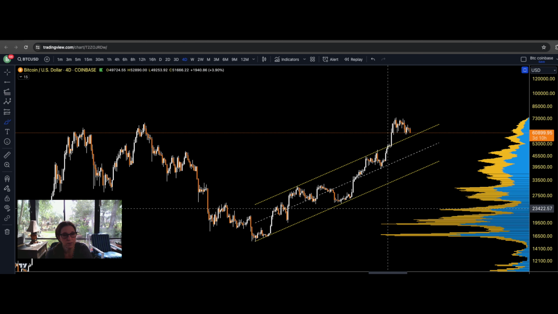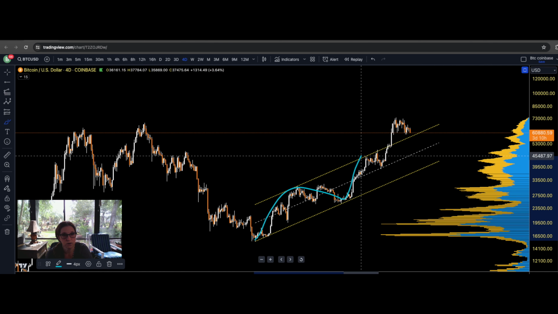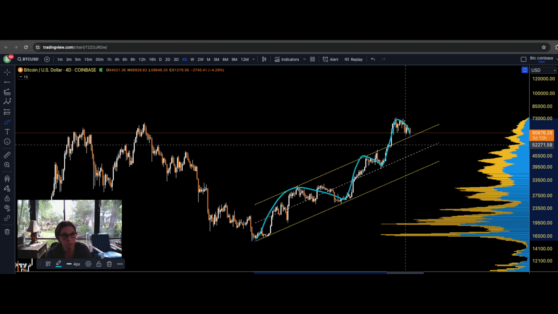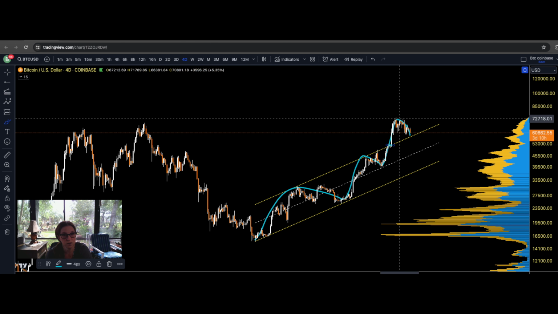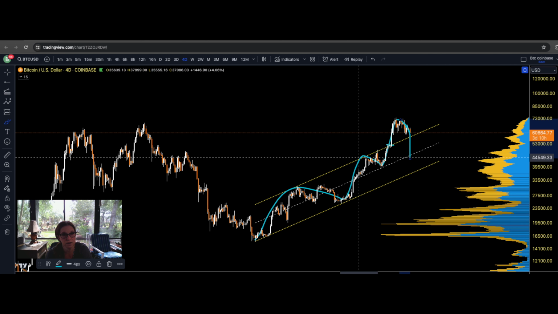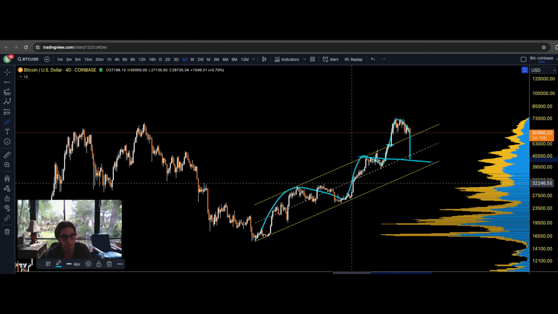Also, let's talk about the right look. If this is a nest of 1, 2, 1, 2, 1, 2, the right look would be holding this channel, worst case coming down into this correction. If Bitcoin was to come deeper, break this channel, and come all the way down into the top of this correction, that is not the right look.